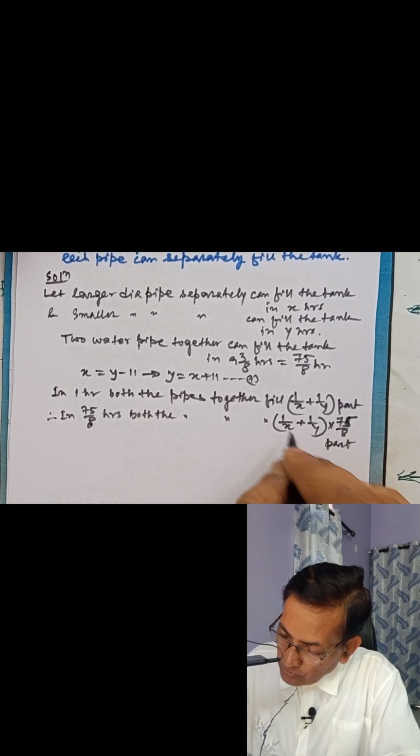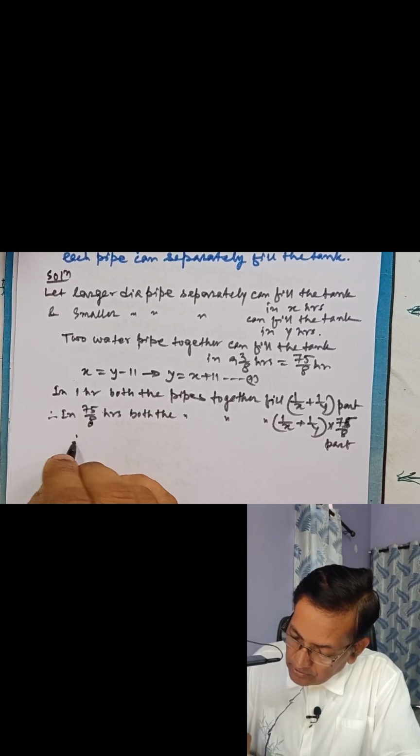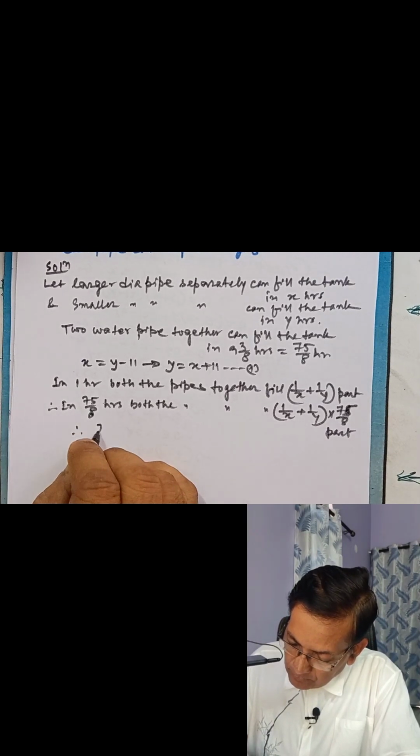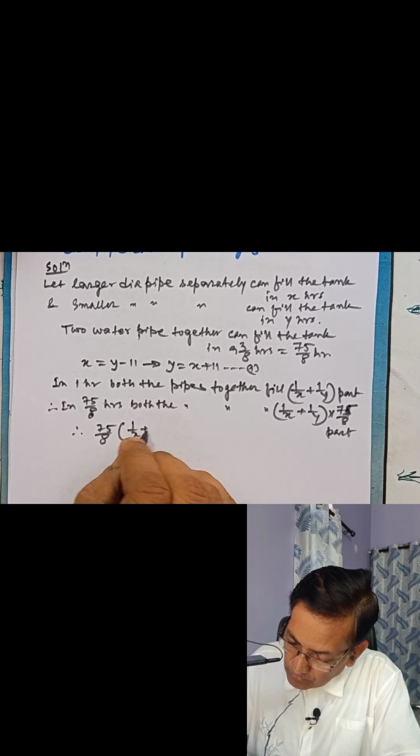But this is the whole tank. So therefore we can write 75/8 into (1/x plus 1/y) is equal to 1.